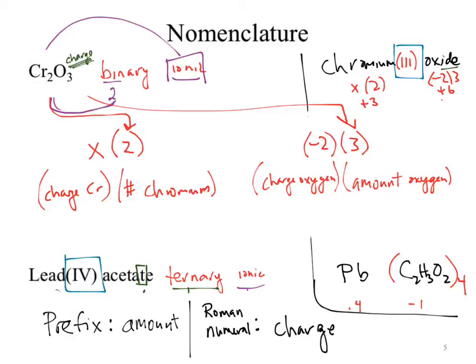So if I add the charge contribution from the chromium to the charge contribution of the oxygen, what must those two things equal? The overall charge on our molecule, which in this case is 0.